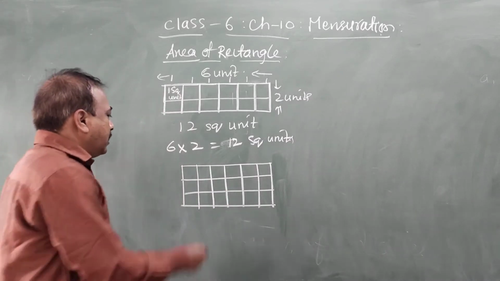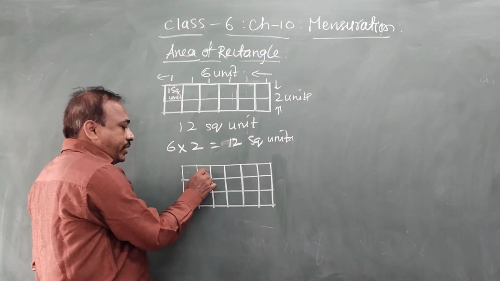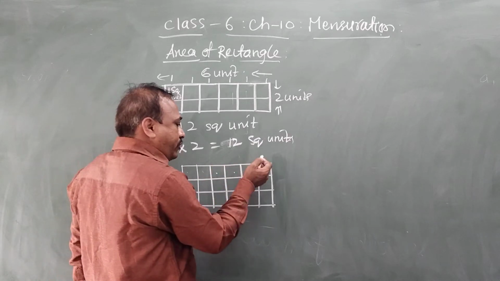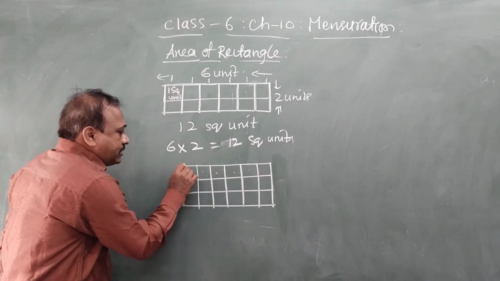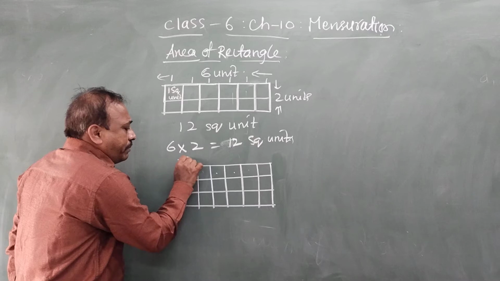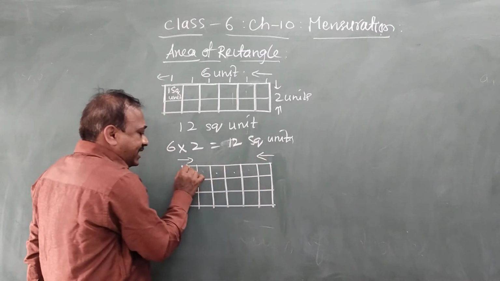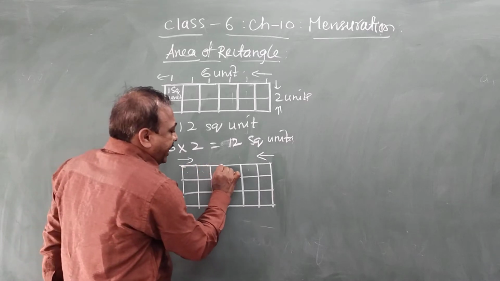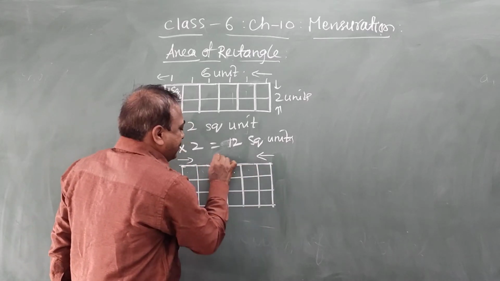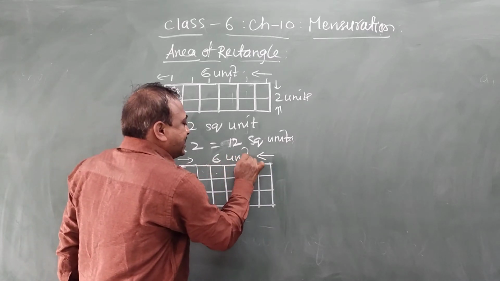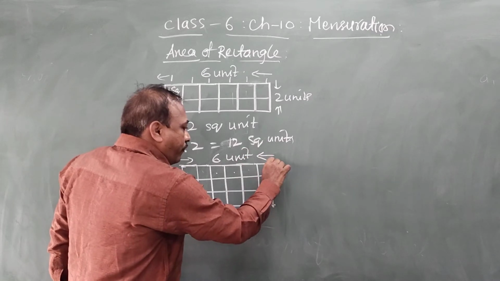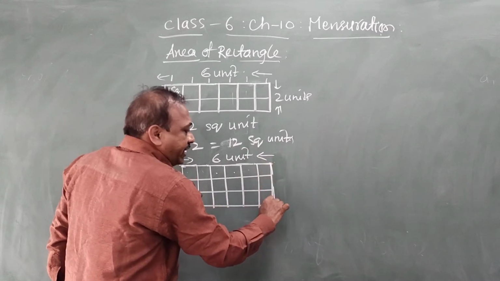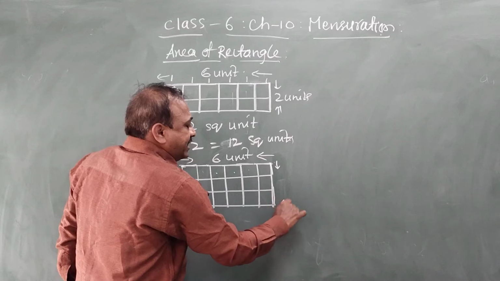Each one is 1 square unit, so this is 1 unit distance. From here to here, how many unit distance in total? 1, 2, 3, 4, 5, 6. 6 units distance is there, and down, from here 1 unit, 1 unit, 1 unit, a total of 3 units distance.